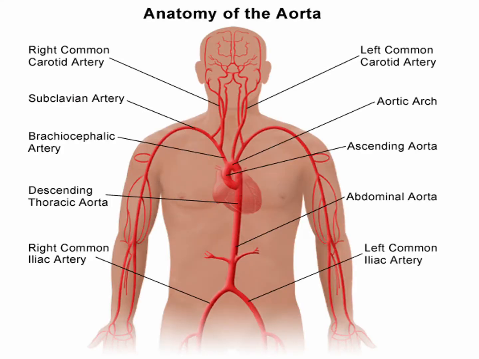So when we look at the anatomy of the aorta, we can see there that it's this big vessel that comes off from the left ventricle as your ascending aorta and then goes down into your descending thoracic aorta, which goes down through your abdomen. You can see there some renal arteries branch off it, and then it bifurcates into your left and right common iliac arteries.